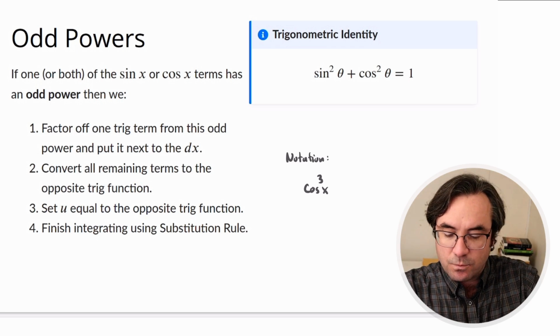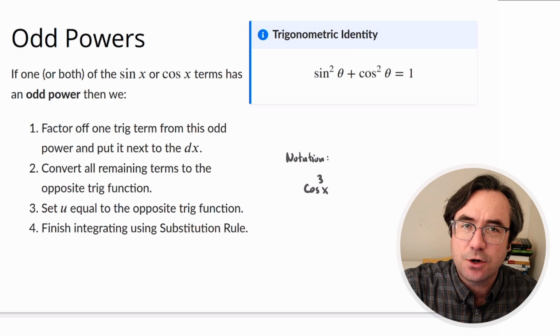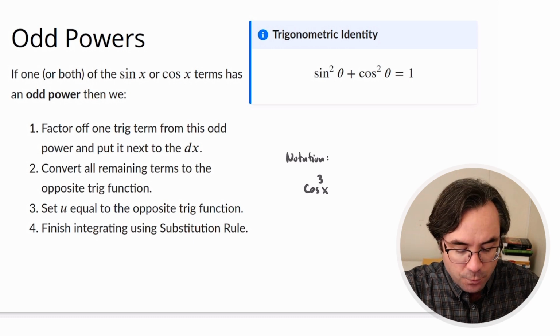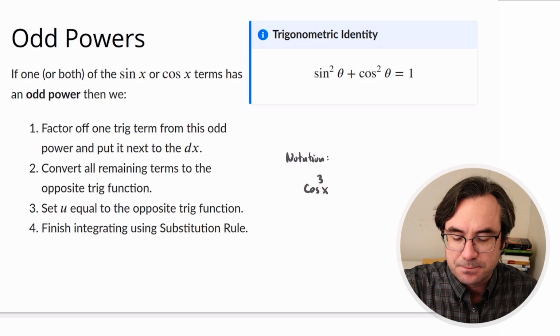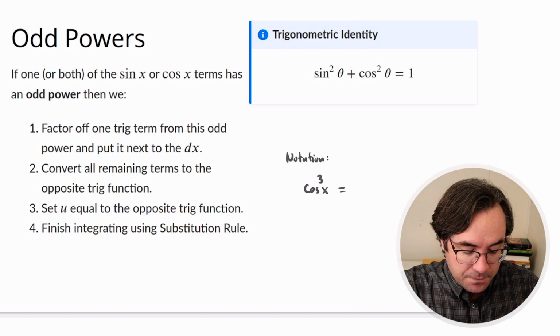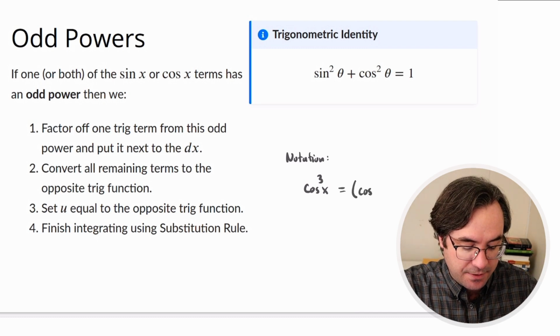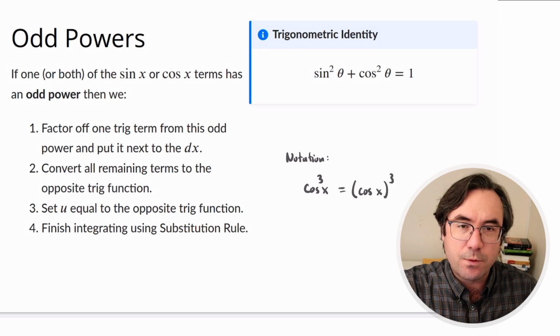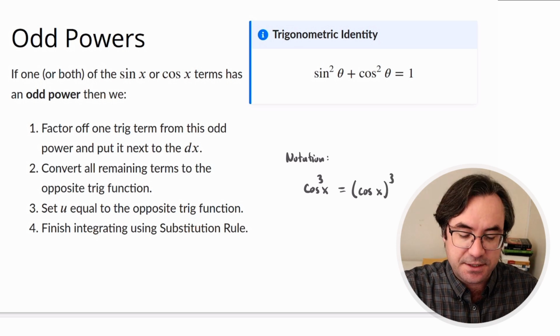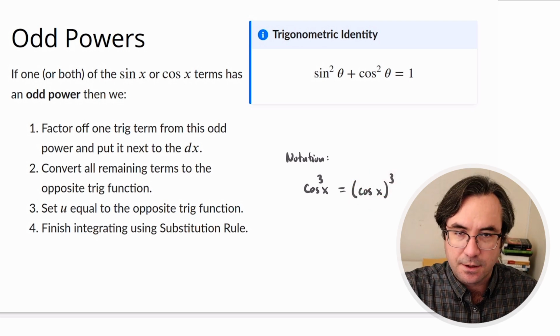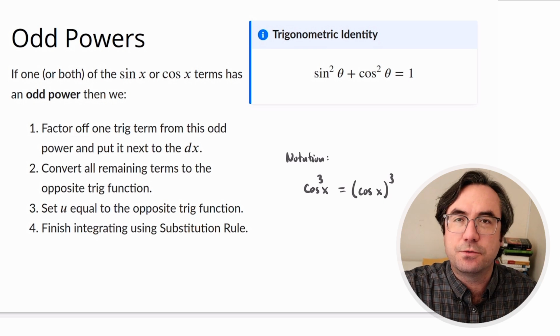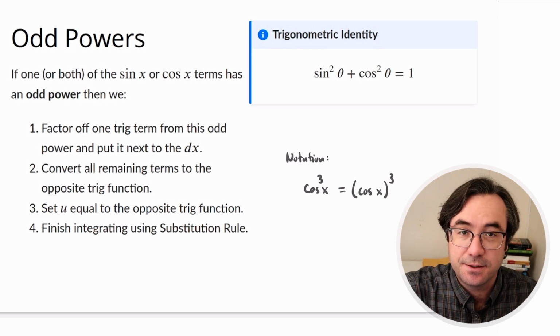A lot of times when we write powers of sine and cosine and other trig functions, we put the exponent, it looks like, on the name of the function. What we really mean though, and this is just to help cut down on the amount of parentheses, is cosine of x, that whole thing is getting cubed. All right, so just a little note there about our notation.